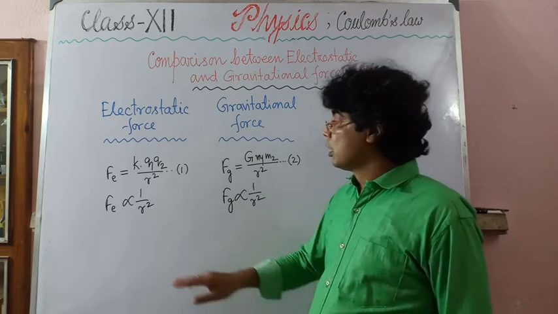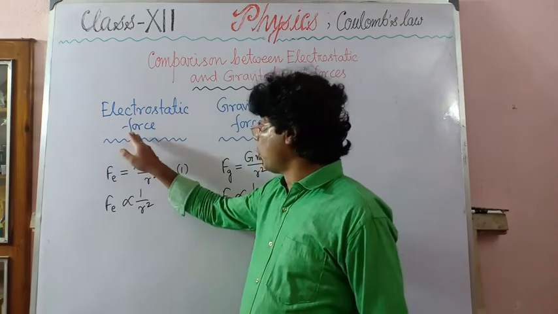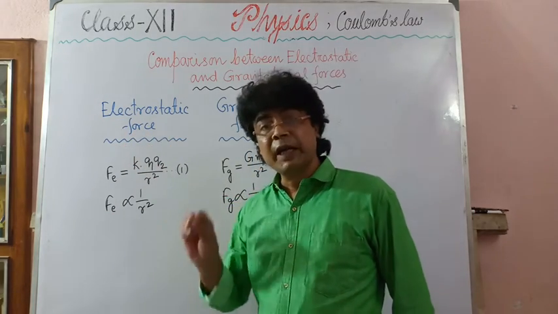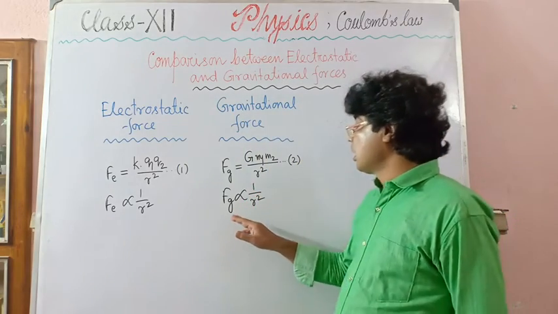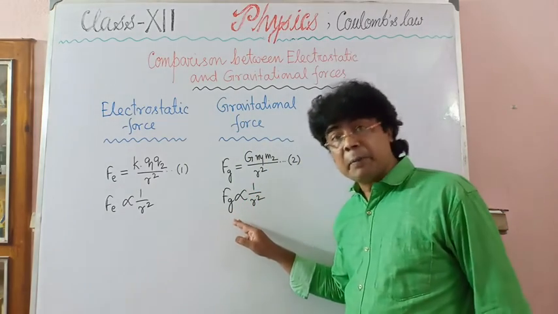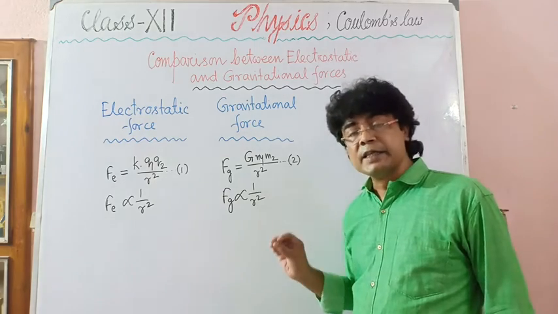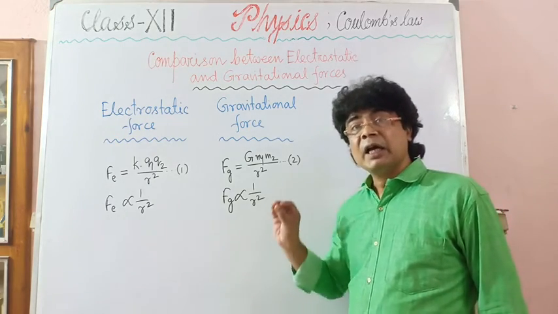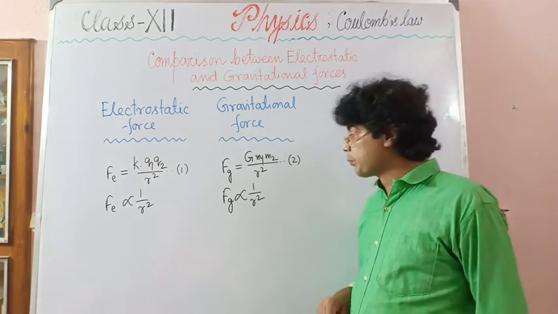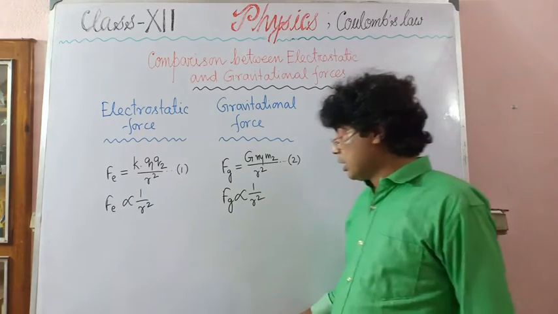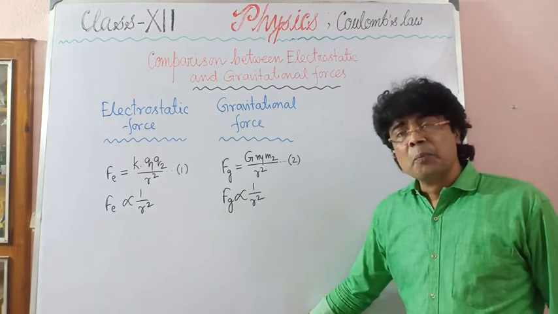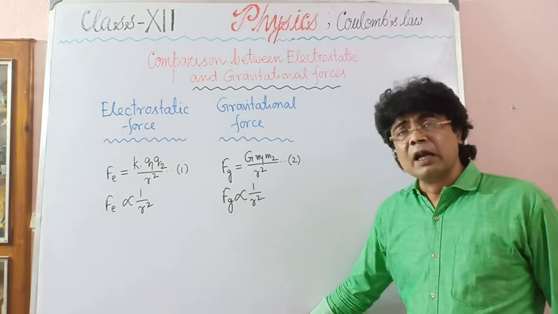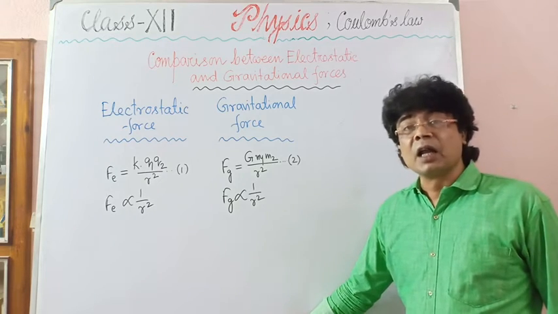So, electrostatic force is medium dependent, but gravitational force is medium independent. Electrostatic force is much stronger than gravitational force.